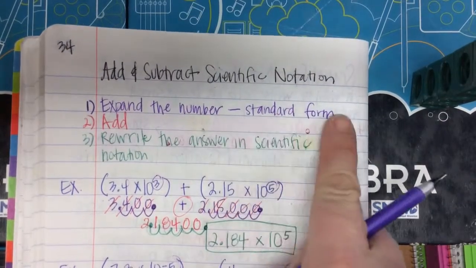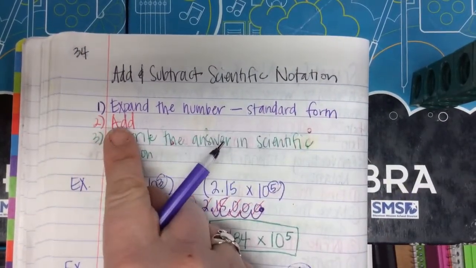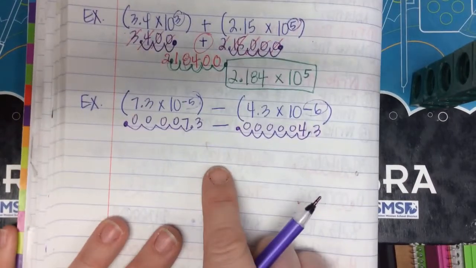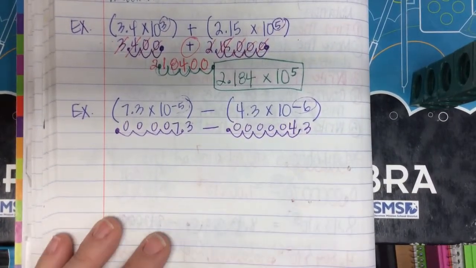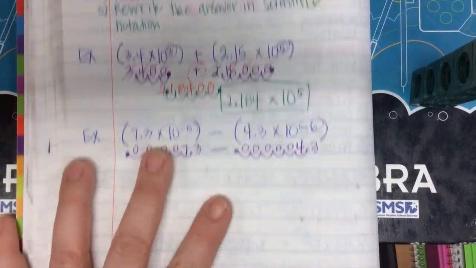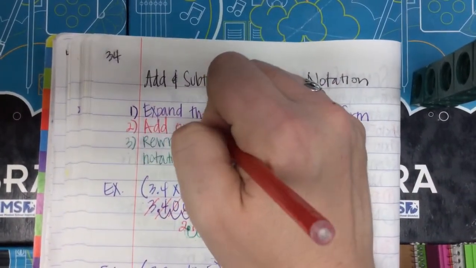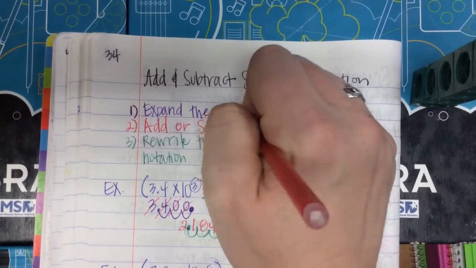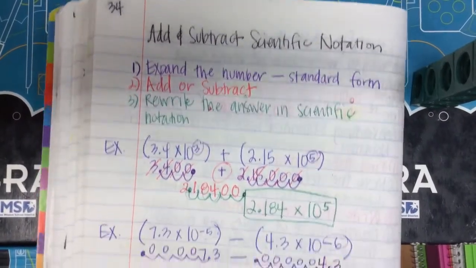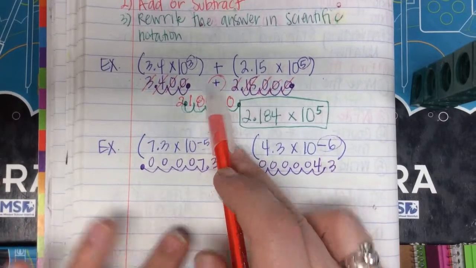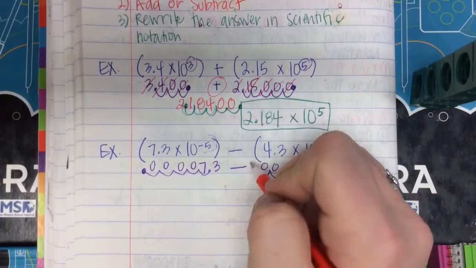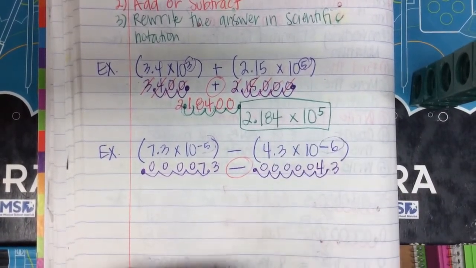Expand the number. Write it in standard form. Step number 2 says add. What do I do instead? Yeah, so let's change that rule. Add or subtract. How do you know when to add? It has a plus sign. How do you know when you subtract? It has a minus sign. Tricky, right?